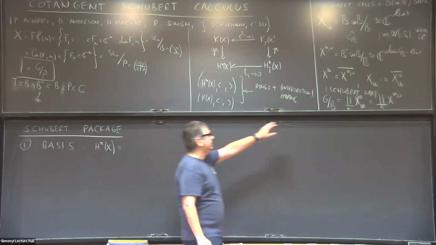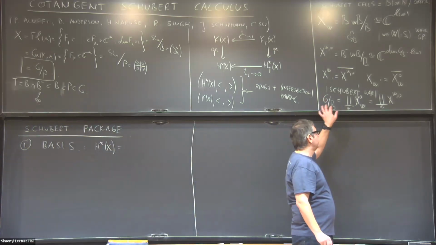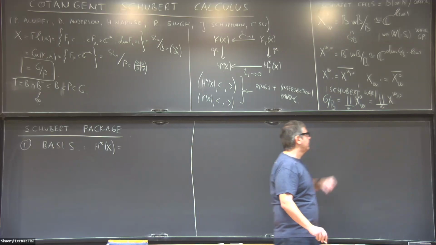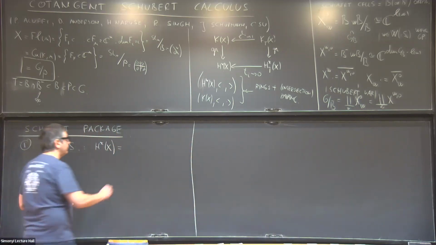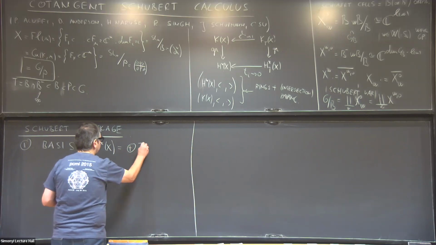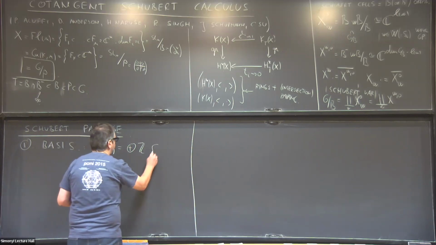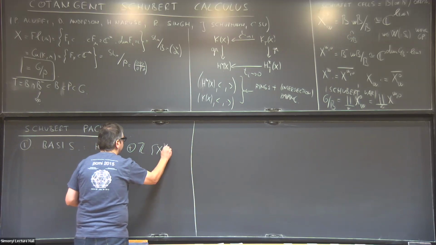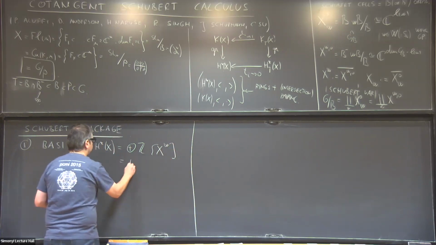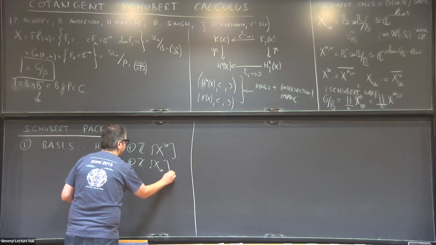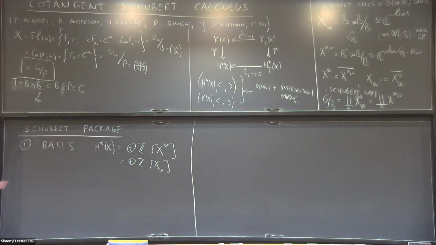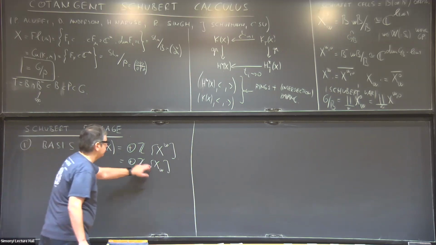Because G mod B, and in fact all the G mod P's, have a stratification by Schubert cells, this implies that the closures of the Schubert cells give you a basis for cohomology. In fact, I have two types of bases. These are the fundamental classes of the Schubert varieties.